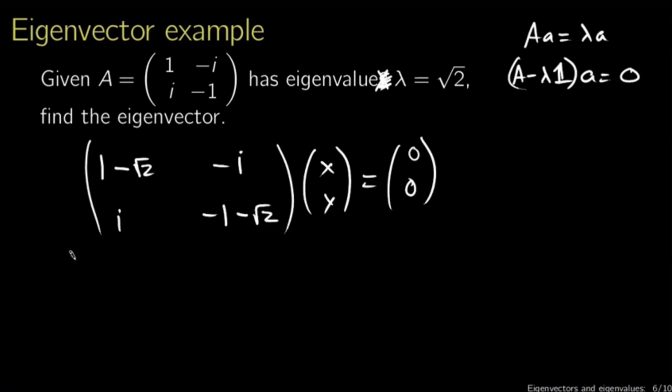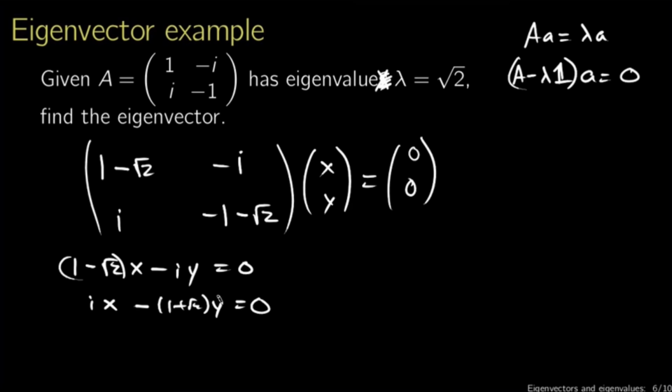For the first equation, I get 1 minus the square root of 2 multiplied by x minus i y equals 0. For the second equation, I get i times x minus 1 plus the square root of 2, y, equals 0.